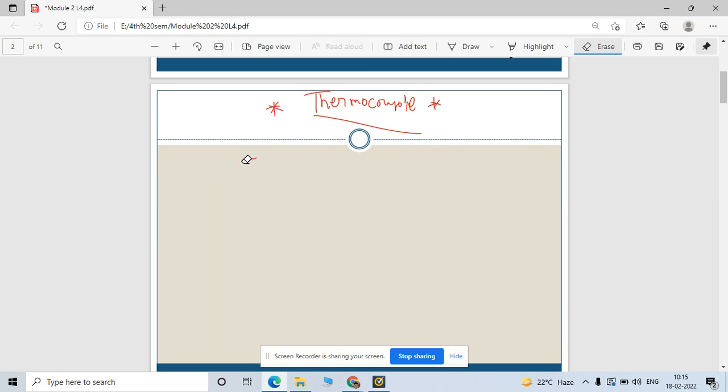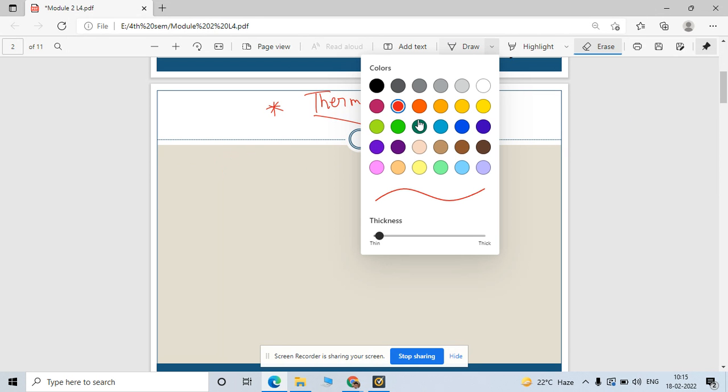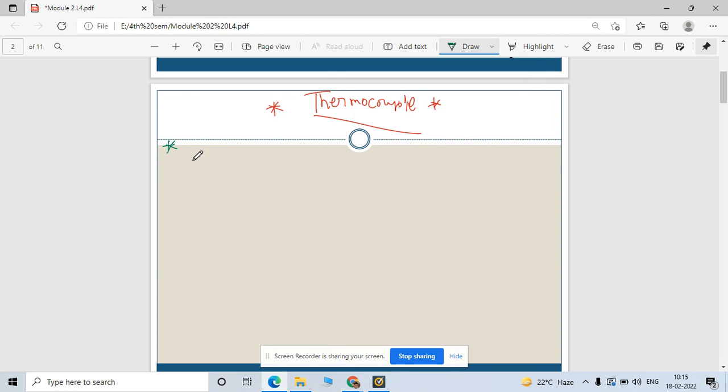What is a thermocouple? The theoretical part you can also refer from the Halsey book, which I already put in your Google Classroom. Actually, they are e-copy, e-PDF, and I think some pages are missing in that, so I suggest you go to the library and use it from there.